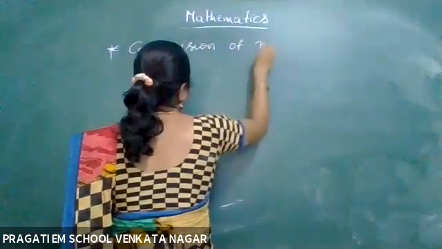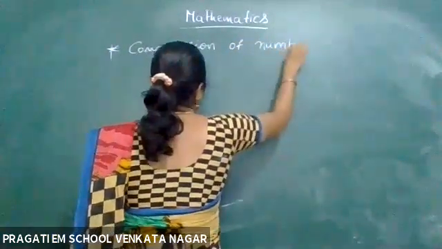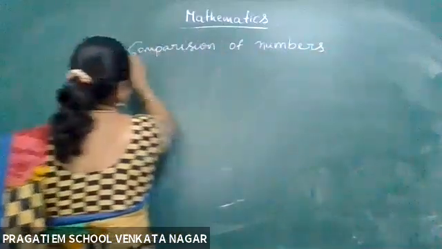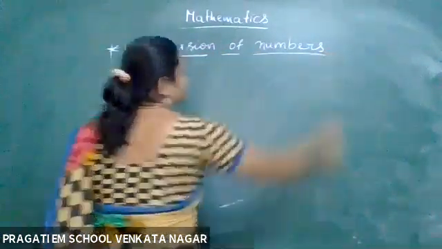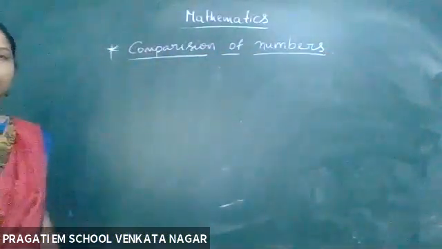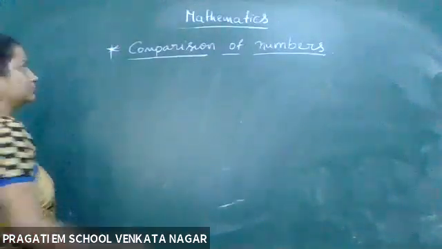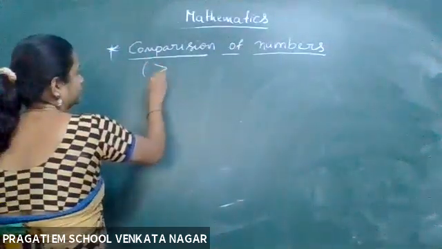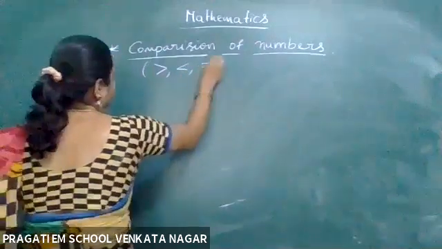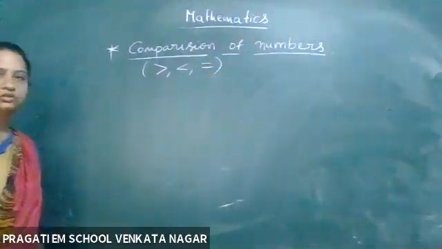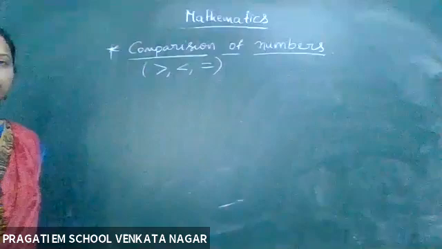Comparison of numbers means you have to see whether they are greater than, less than or equal to. So this is called comparison of numbers, children.